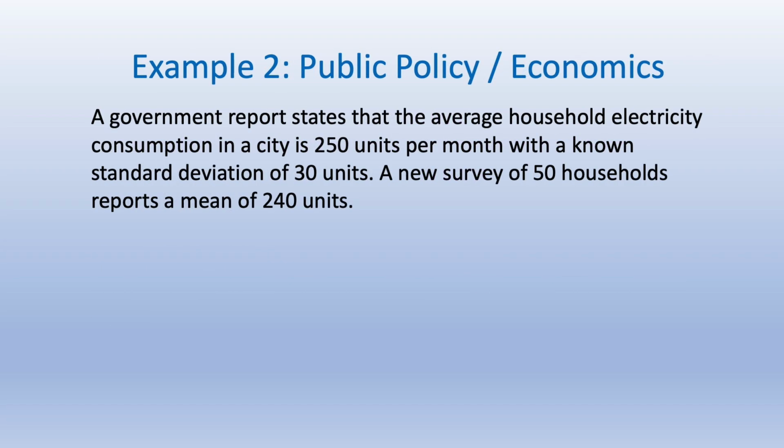A government report states that the average household electricity consumption in a city is 250 units per month with a known standard deviation of 30 units. A new survey of 50 households reports a mean of 240 units.